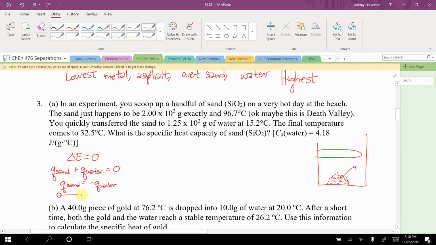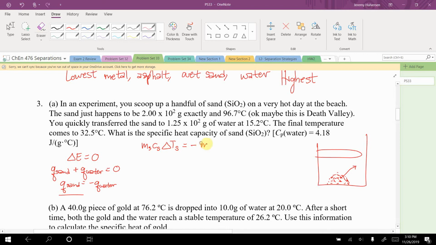So I'm going to use Q equals mc delta T. I'm literally just going to replace that in the equation with m, I'm going to use an S for sand, c_s delta T_s. That's going to equal negative. Now what's happening to the water? Well, again, if I ask a first grader, they might say the water's just getting warmer. It's still water. All it's doing is changing temperature.